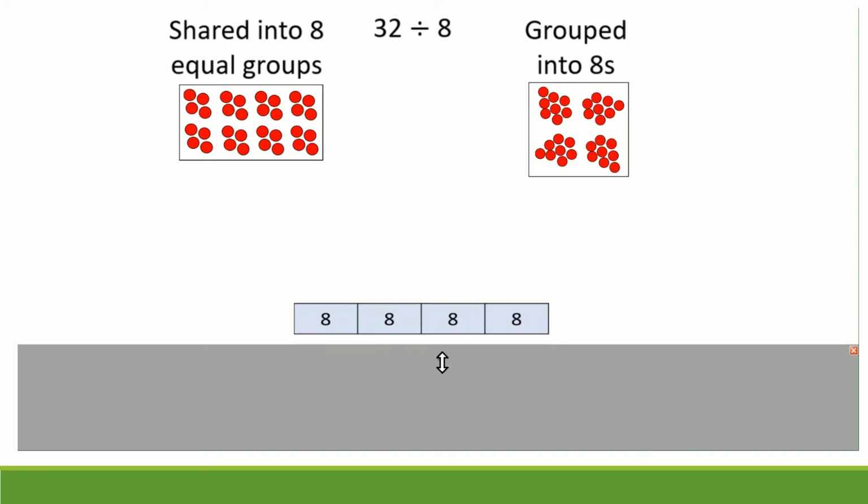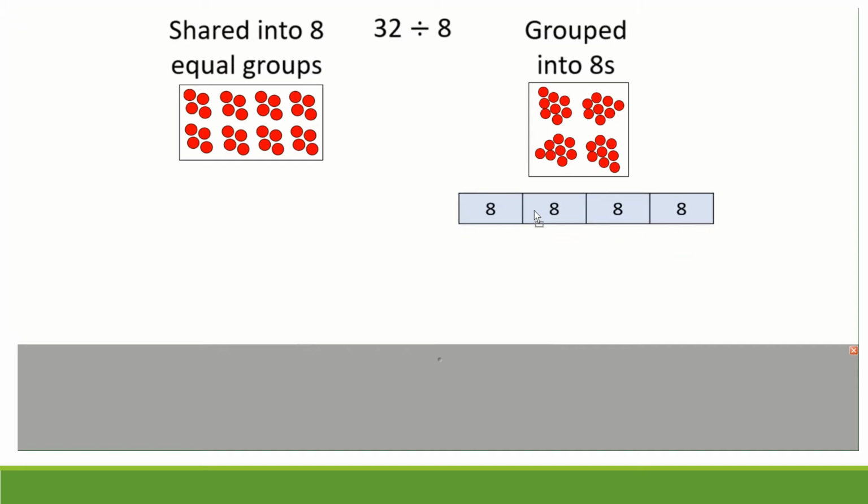Here is a bar model. Do you think this one is shared into 8 equal groups, or is it grouped into 8s? Well done, it's actually grouped into 8, so it goes under that section.